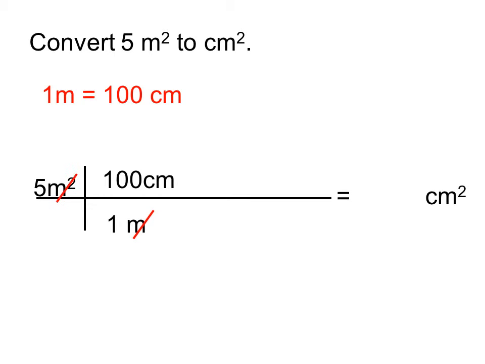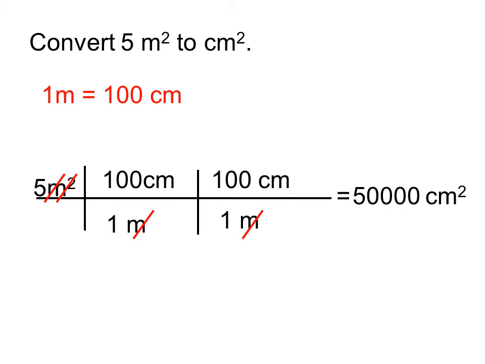And when we go to cancel, you know, if it's square meter, you've only canceled one of the meter squared. There's still another one there. So you got to put meter in twice down in the denominator to cancel both of the square meters. And so that's where you come up with your answer of 5 times 100 times 100.